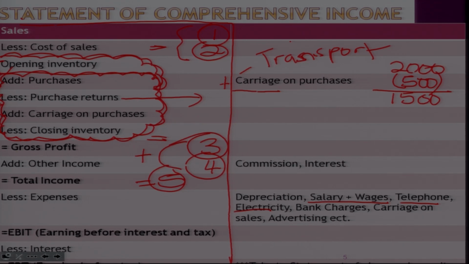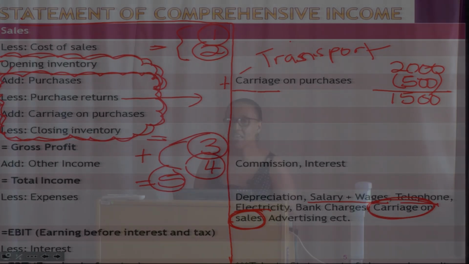But I want you to notice this one. Carriage on sales. Carriage on sales is transport on sales. If you agree with the purchaser and you say, I will come and drop it off at your house, it is an expense for you if you agree. If there's no agreement, the purchaser must pay for it, right?